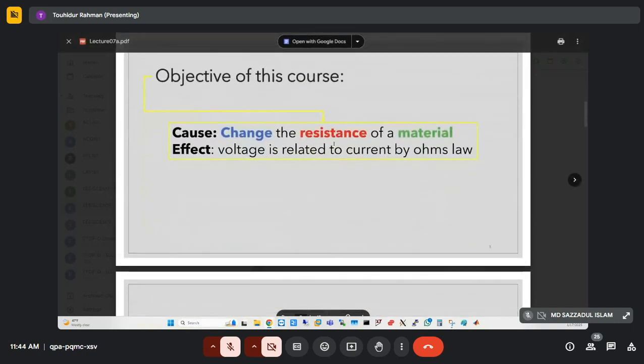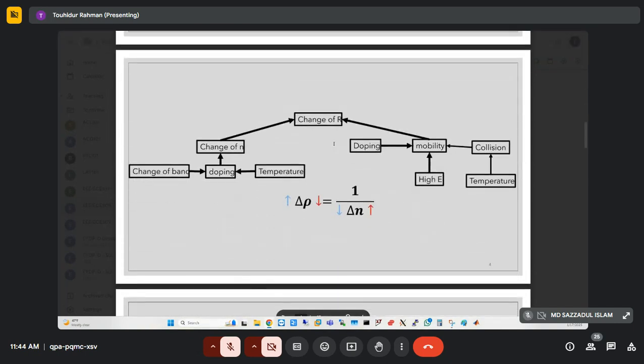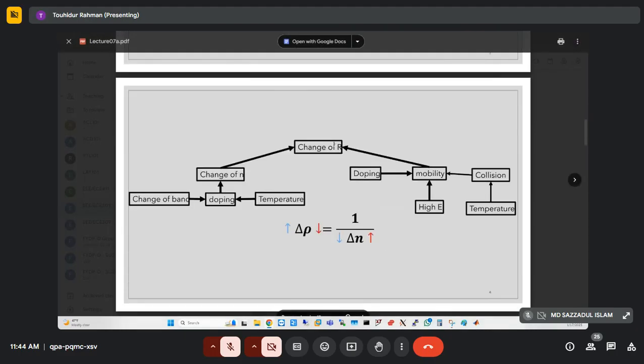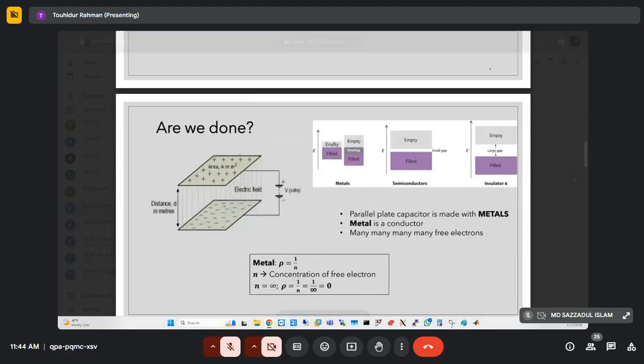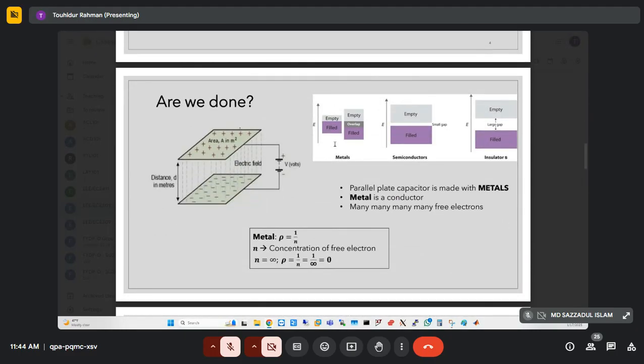All right, so next slide. Our objective: how can we change the resistance? Here we have another slide about the parallel plate capacitor and the Venn diagram of the material.